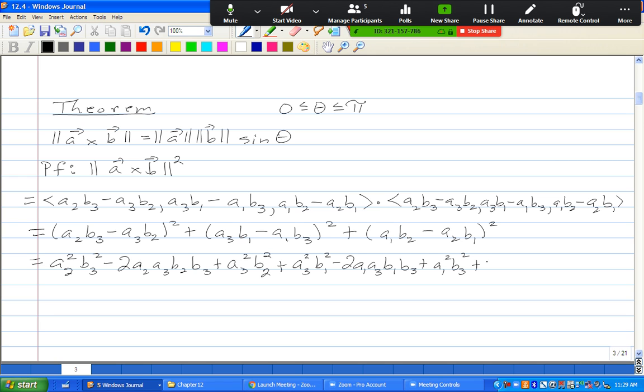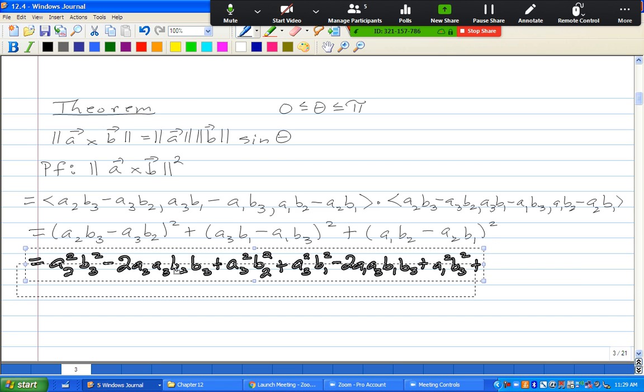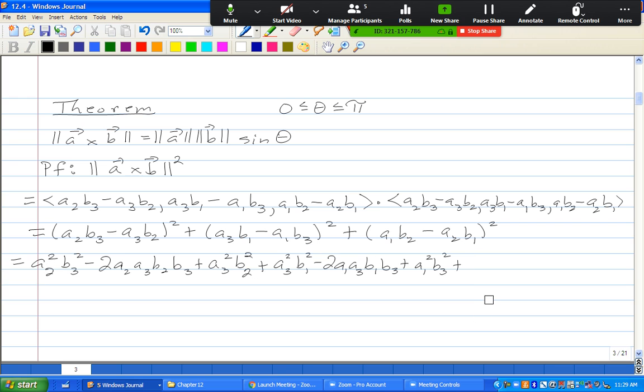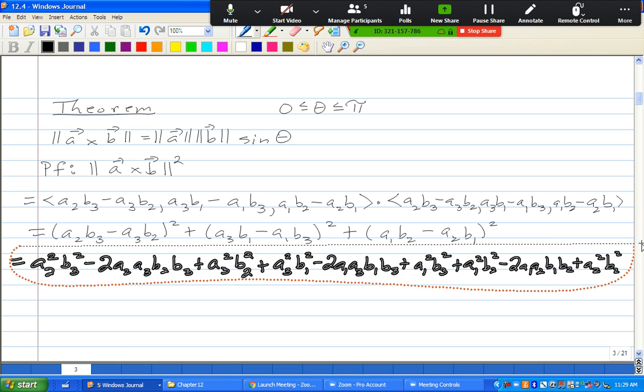Lastly, let's square the last term. By the special product, this is A1 squared B2 squared minus 2 A1 A2 B1 B2 plus A2 squared B1 squared. Okay, just had enough room.